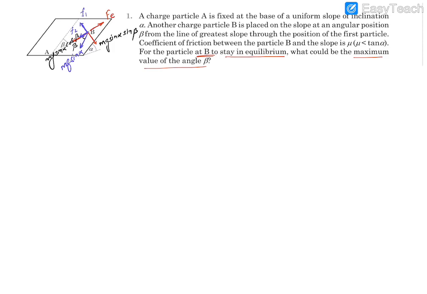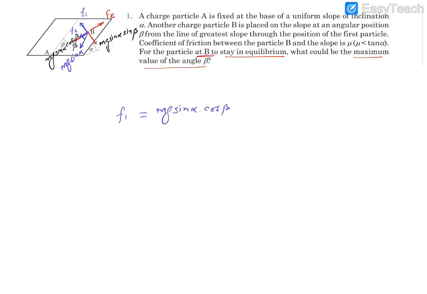Since it is at equilibrium, the forces are going to balance along the AB line as well as perpendicular to the AB line. Along the AB line we are not interested, because this F is unknown to us and F2 is also unknown, so there are two unknowns. We can go for the perpendicular direction, and in that perpendicular direction F1, the component of friction, must be equal to mg sine alpha cos beta.